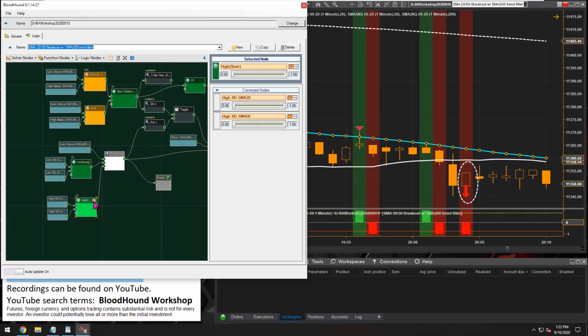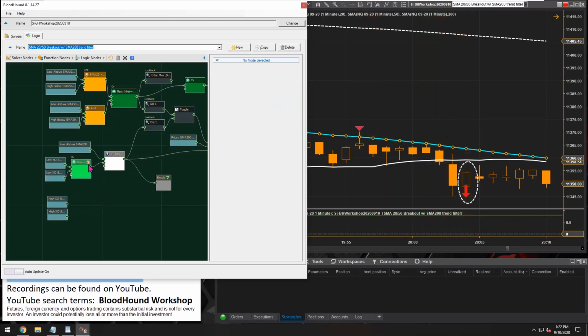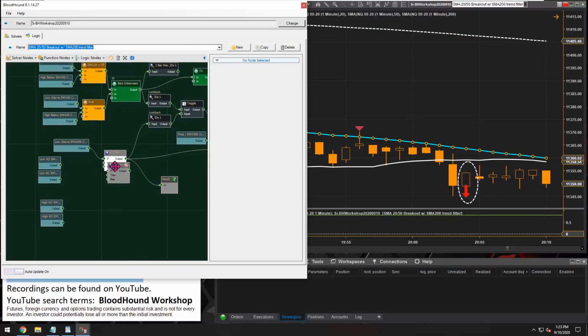And so we can do this by using some more if-then nodes.